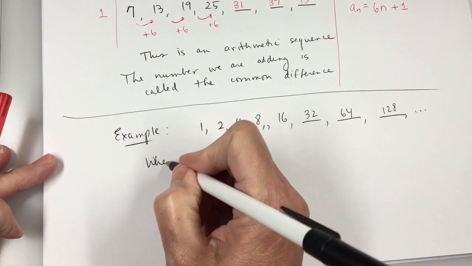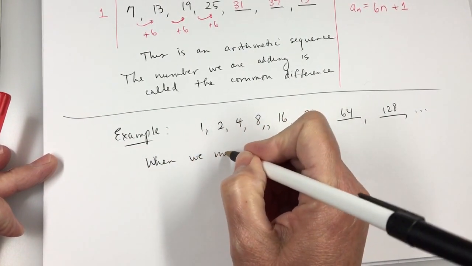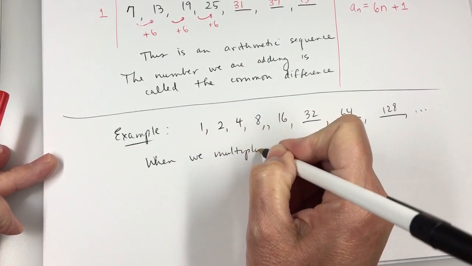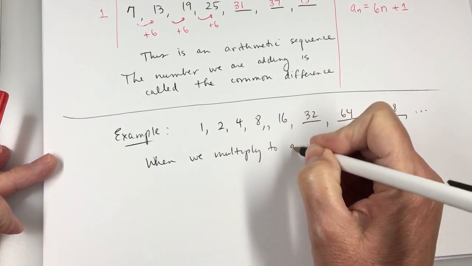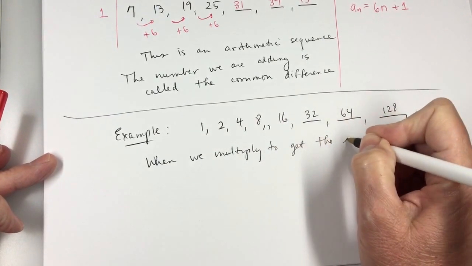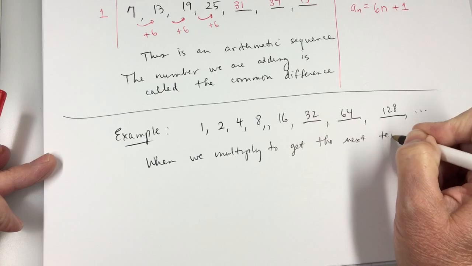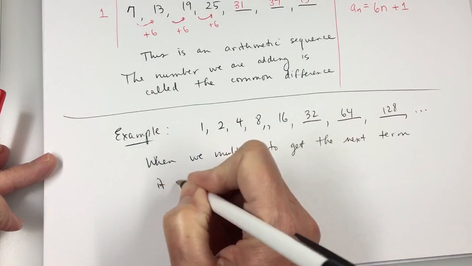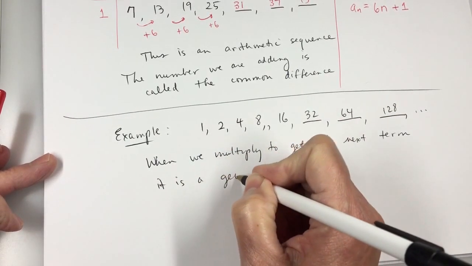So when we multiply to get the next term, it is a geometric sequence.